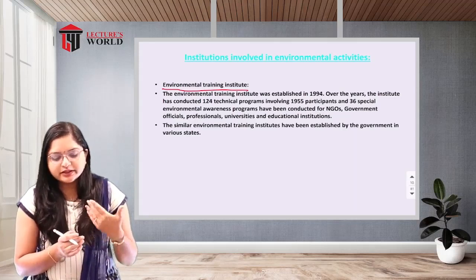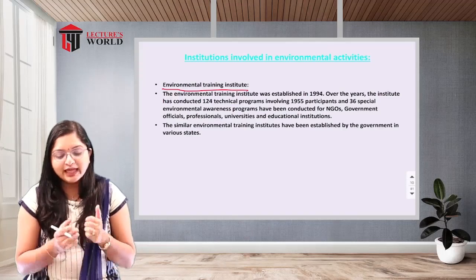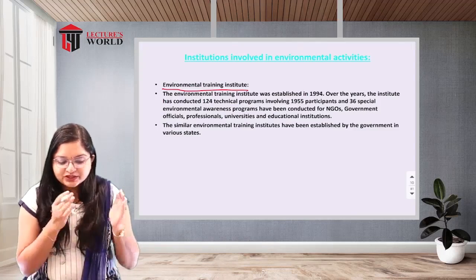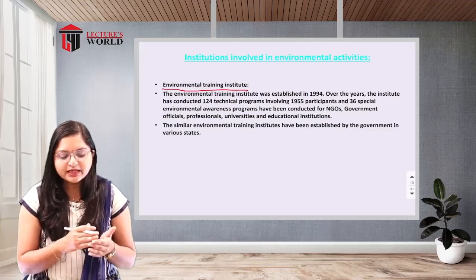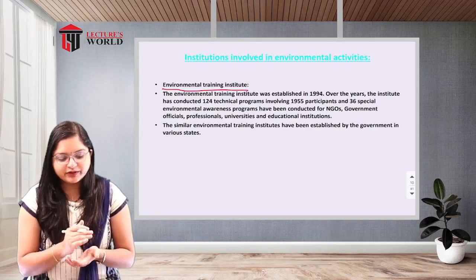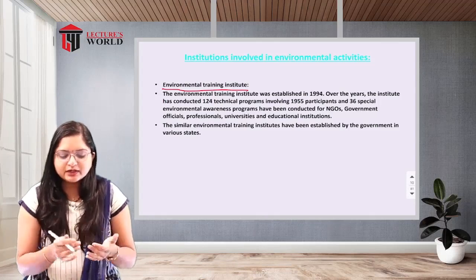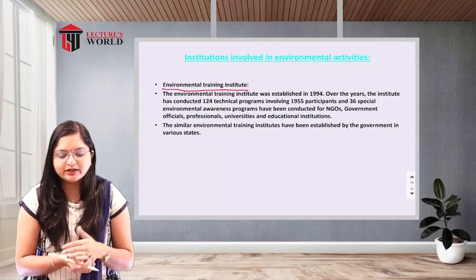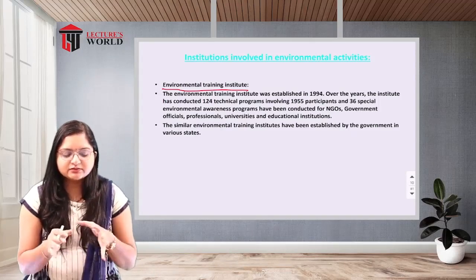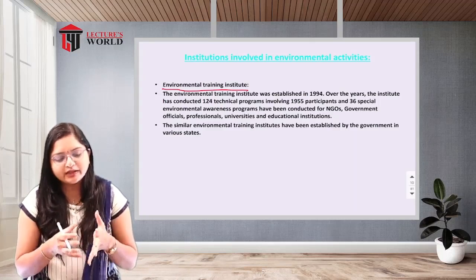Over the years, the institute has conducted 124 technical programs involving 1955 participants, and 36 special environmental awareness programs have been conducted for NGOs, government officials, professionals, universities and educational institutions. Similar environmental training institutes have been established by the government in various states. So these are some institutions which are involved in environmental activities.